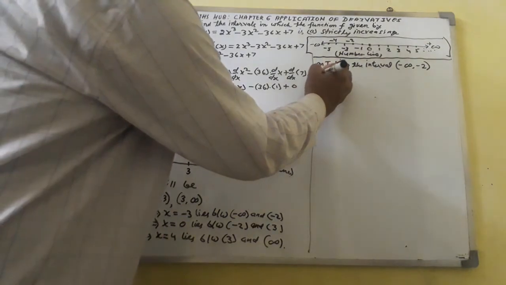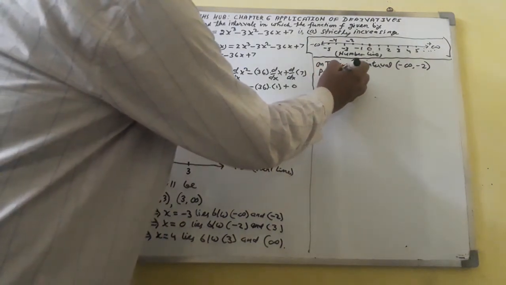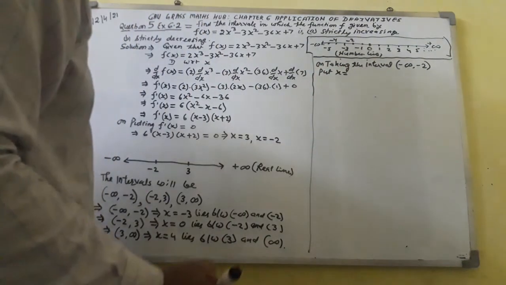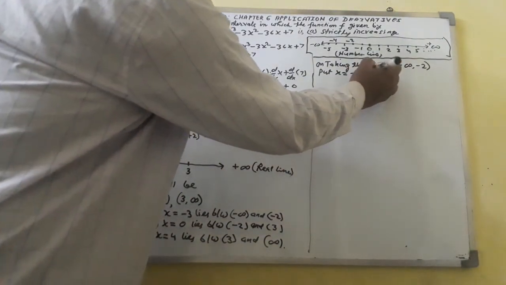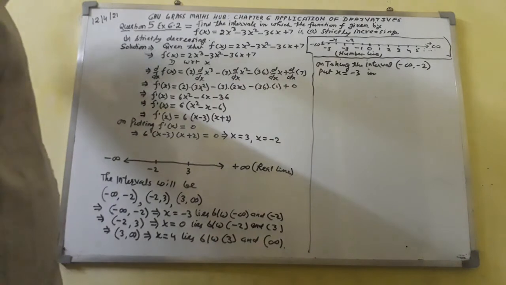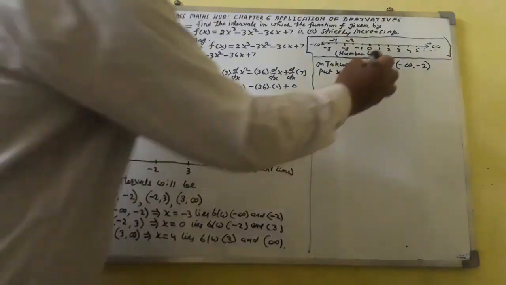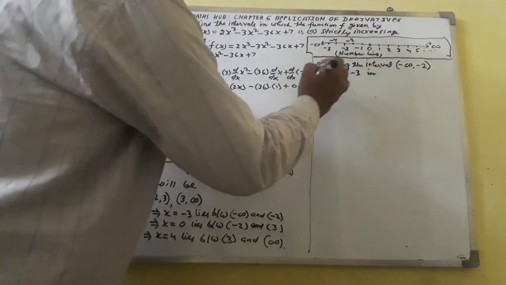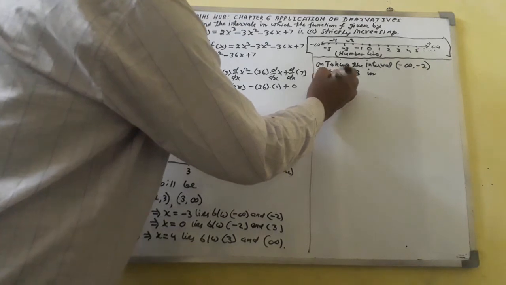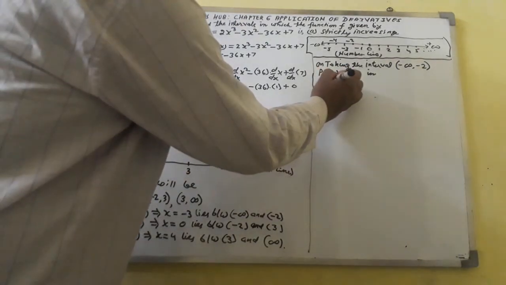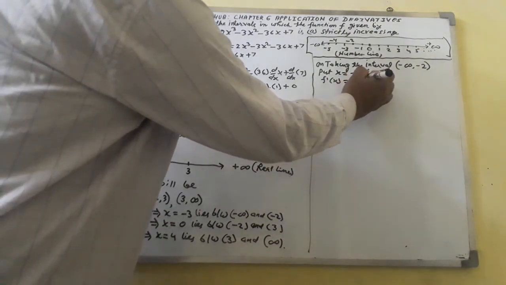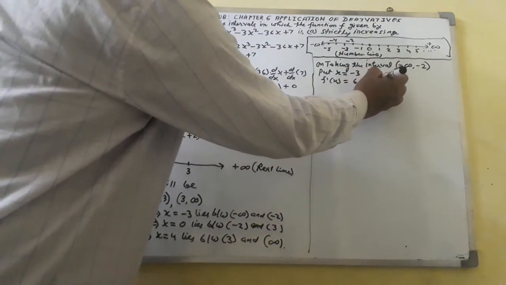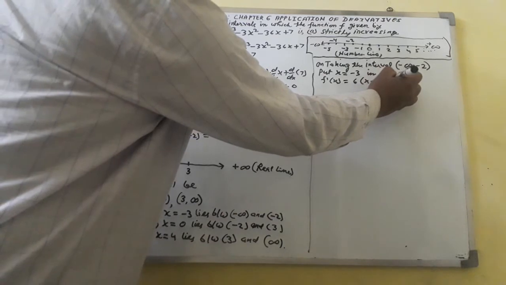Put x equal to minus 3 in f dash x equal to 6 (x minus 3)(x plus 2).